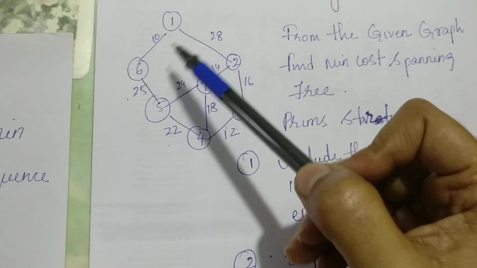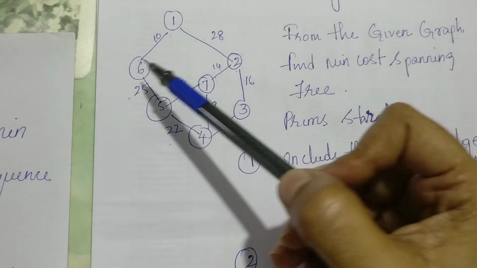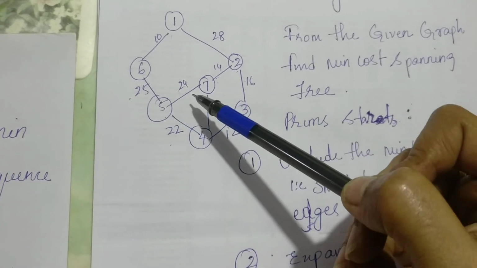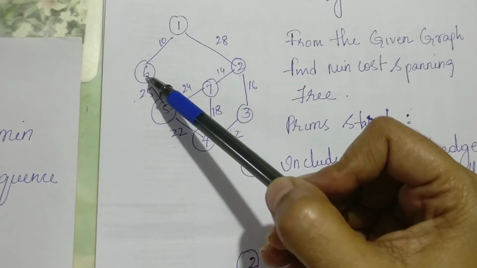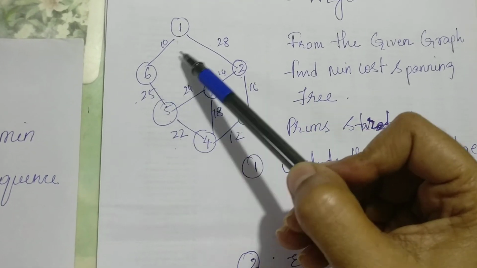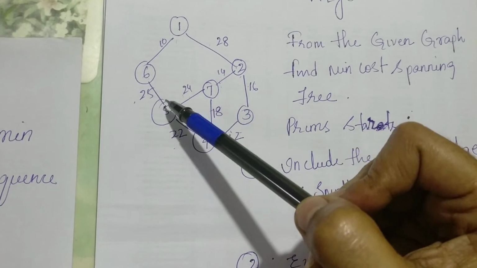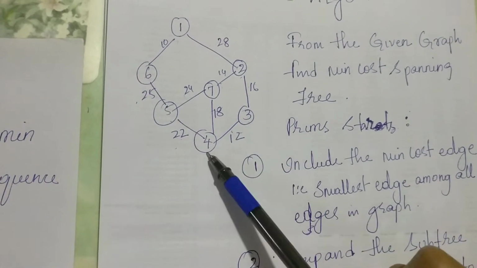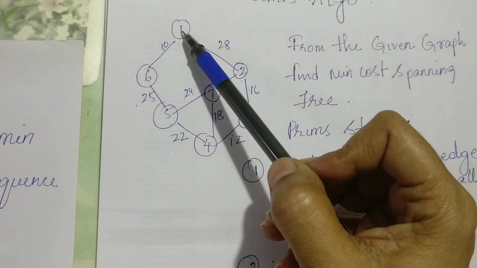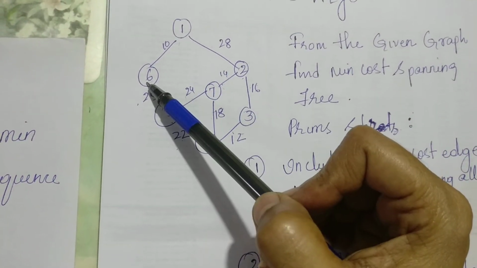Now I have to take the next edge which is the smallest, but which should be connected to the existing subtree. The next smallest actually is 12, but if I take 3 and 4, this is not connected to the selected subtree, that is 1 to 6.